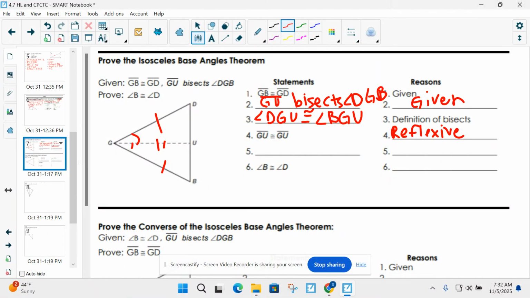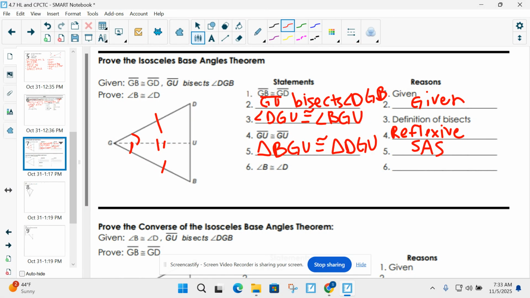So because now we know that 3 parts are congruent, we can prove that the triangles are congruent. So triangle BGU is congruent to triangle DGU. And that would be side, angle, side. So this is not hypotenuse leg because we haven't shown that these are right angles. So it'd be side, angle, side.